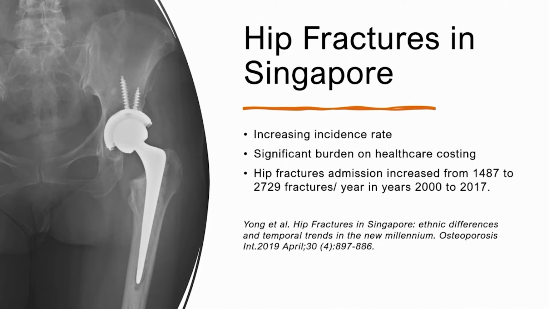Within a span of about 15 years, hip fracture admissions have about doubled from 2004 to 2007, and this could be due to our aging population. Part of the cost is also attributed to the care after the fracture fixation. A lot of our patients don't go home, they go to community hospitals or nursing homes after discharge.